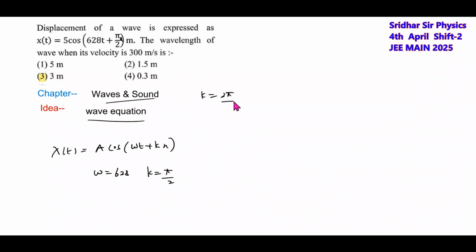K equal to 2 pi by lambda. K value is pi by 2. Lambda is 4 meter. And this should be 4. Okay, there's a basic method.